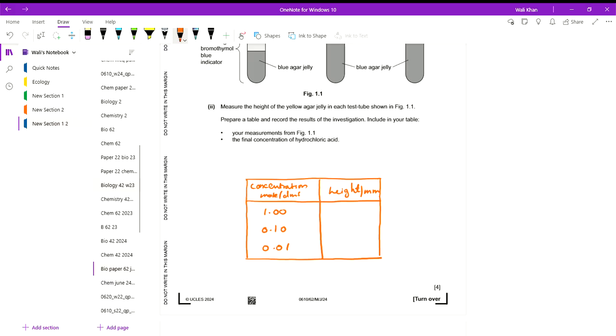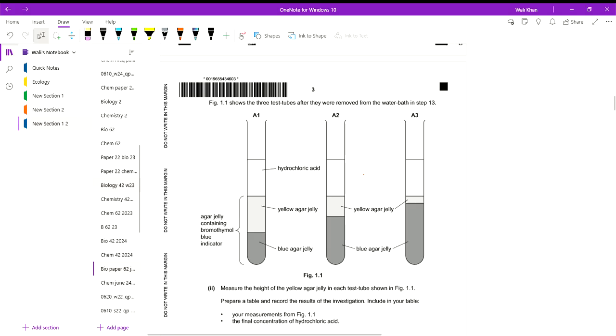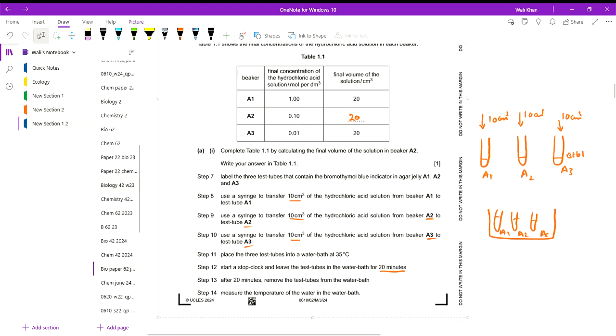Now measure the height. The final volume of the solution in table 1.1 is 20.